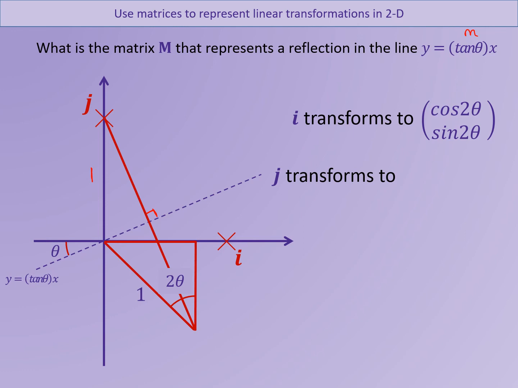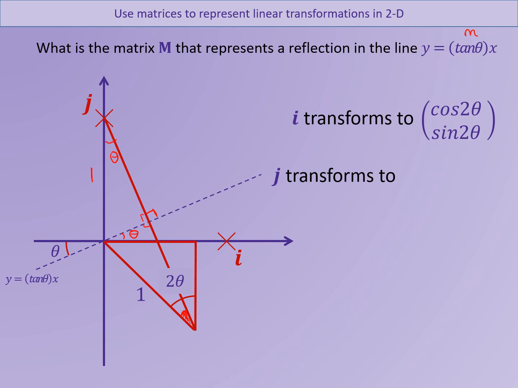Now this angle comes from the fact that we know this angle is theta, and as you work through this, because we're dealing with lots of right angled triangles here, it means that this angle here is theta, and because this would then represent an isosceles triangle, this little angle would be theta, and therefore the bigger angle would be 2 theta.